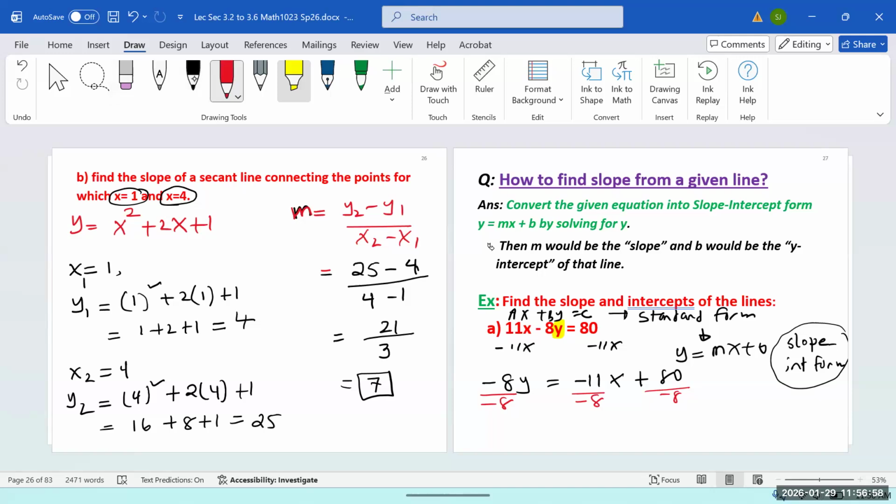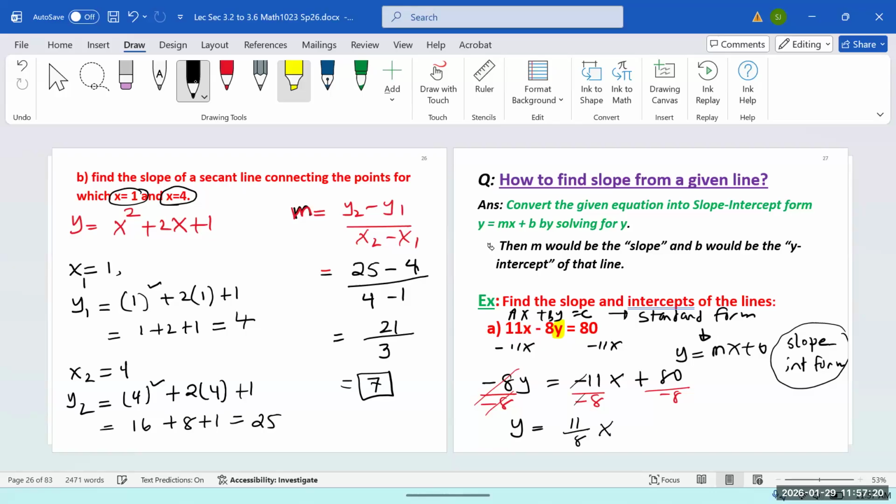So this cancels out. We have our y alone. -11 divided by -8. Can you divide it evenly? No. But at least what can we do? Cancel the negatives. So it becomes positive 11 over 8x.